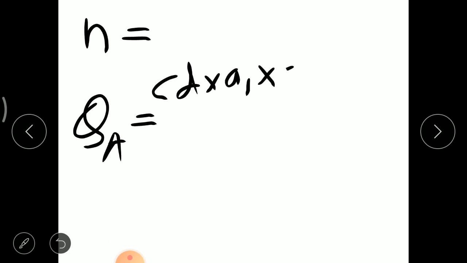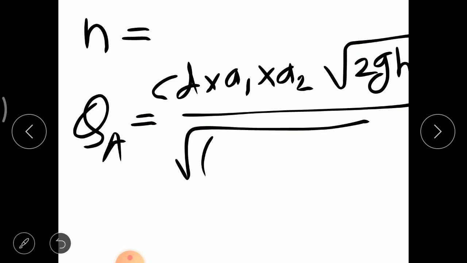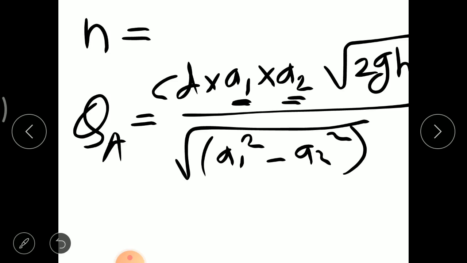After that, we have to put the value of H in our discharge equation of the venturimeter. The equation of discharge for the venturimeter is Q actual is equal to CD multiplied by A1 multiplied by A2 into under root 2g into H divided by root of A1 square minus A2 square. Now you have to put in all the values which we have determined: A1, A2, H, g and CD.